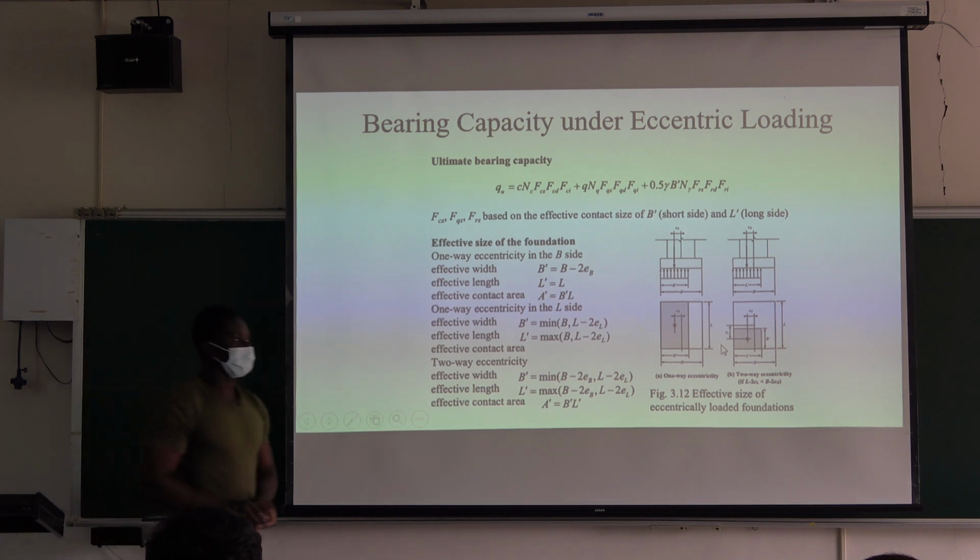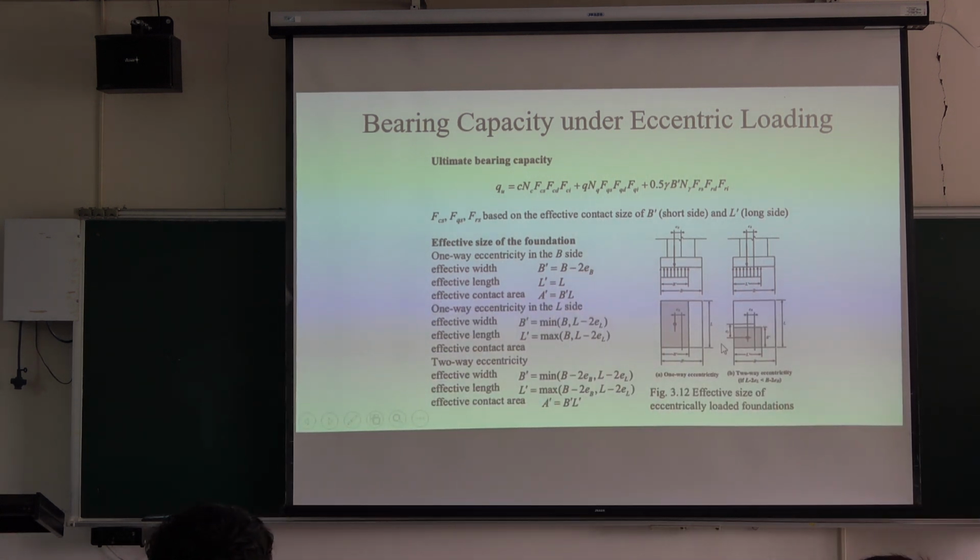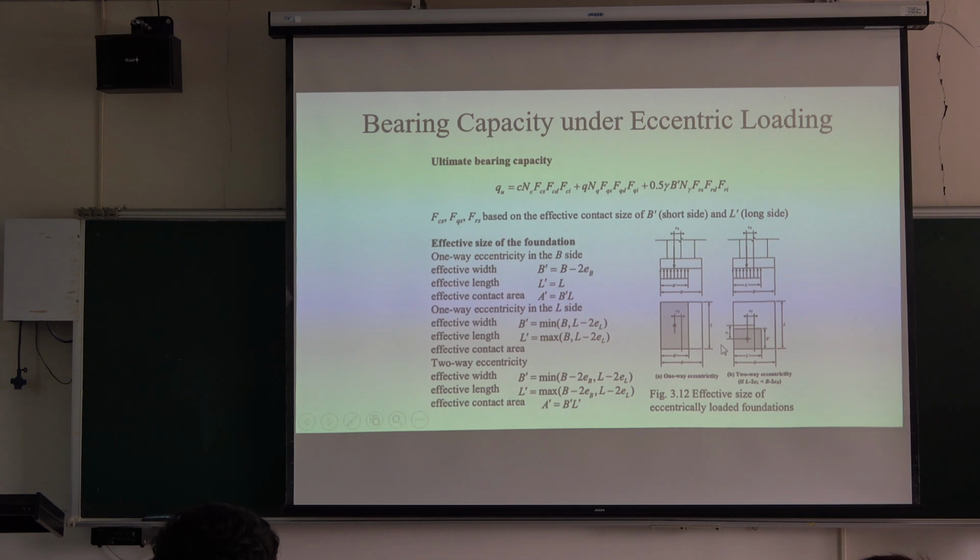So maybe this is our footing, something like this. When we draw this, if the pressure is uniform, we know it will be like this, and for B we just use B directly, no problem.